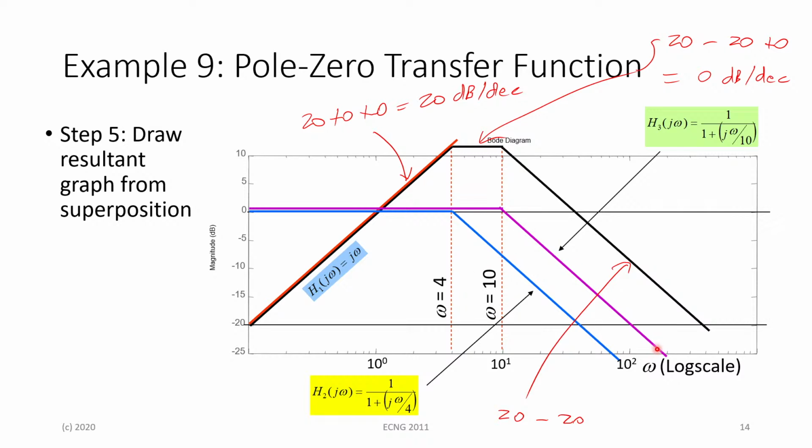So we want to factor in this minus 20 decibels per decade into our result here. So let's write this in. And we can see here that the summation of these gradients means that we get an end result of minus 20 decibels per decade.